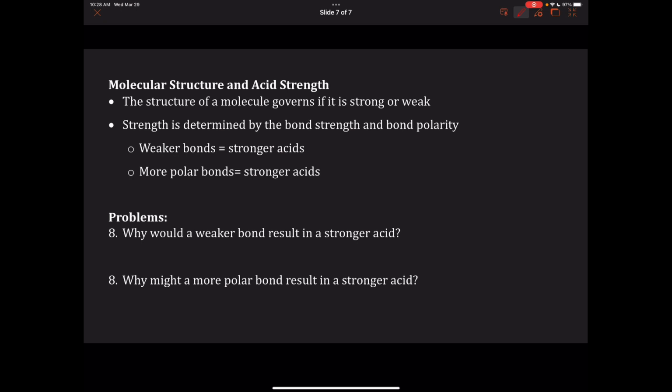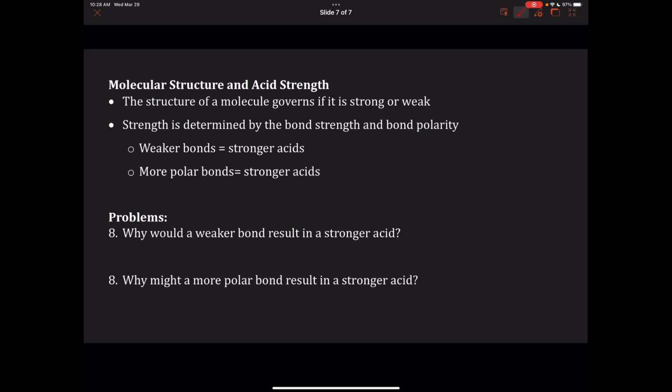Now, strength of an acid is going to be dependent on molecular structure. The structure of a molecule governs if it is strong or weak. Strength is determined by the bond strength as well as bond polarity. Weaker bonds will result in stronger acids. If we think about why, to be a strong acid, we have to get dissociation.